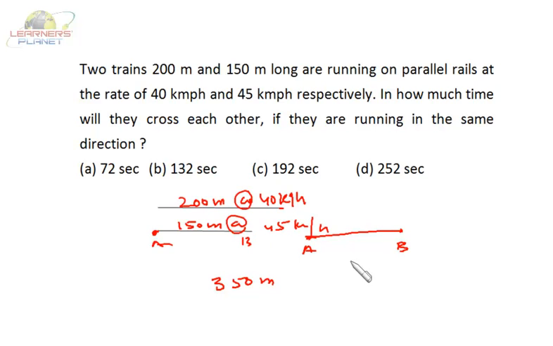So first of all, just convert this speed into meter per second. So the relative speed is 5 kilometer per hour. So 5 into 5 by 18 is the speed in meters per second. I just write it over here. Okay, so this will be the time.